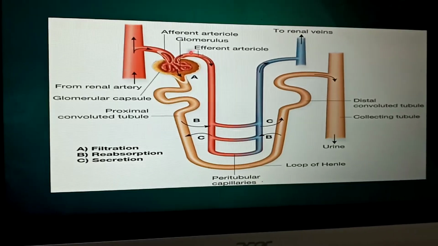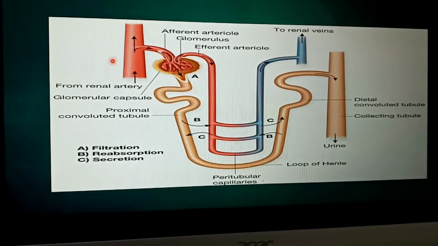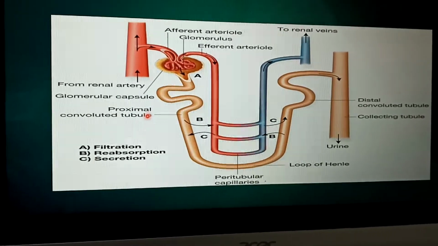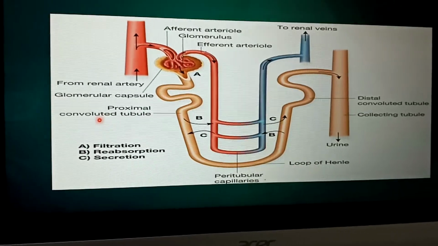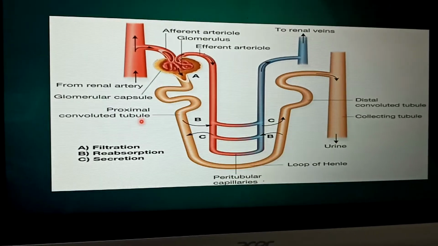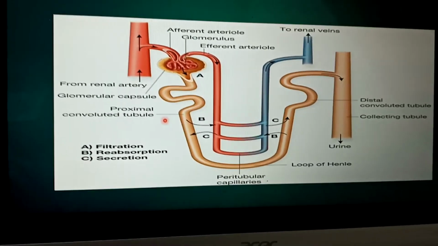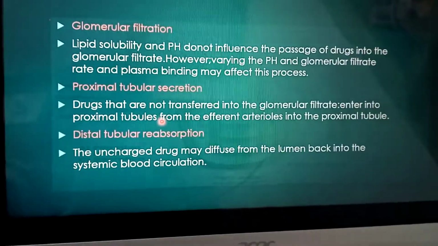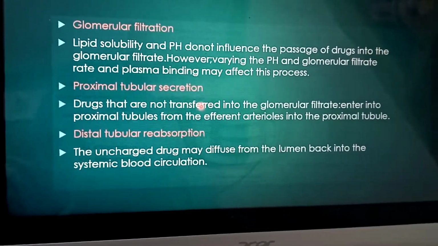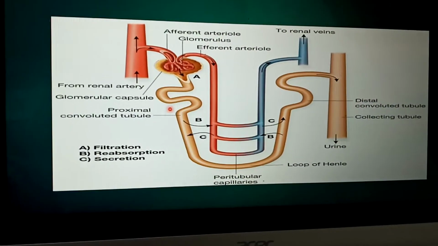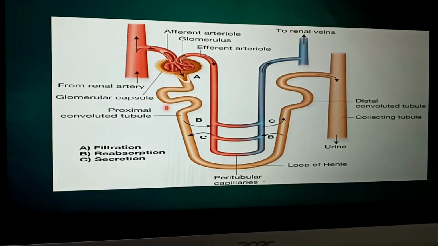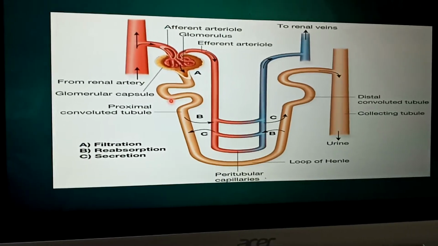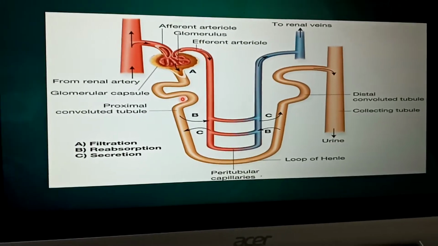But if a drug is unable to pass through the glomerulus, then sometimes tubular absorption and tubular secretion take place. So what is tubular absorption and what is tubular secretion? As I previously told you, proximal tubular secretion is involved in removing drugs from the blood back into the proximal tubule.